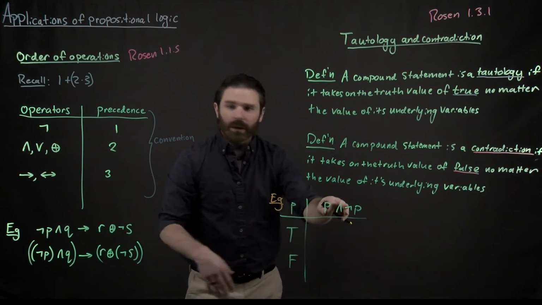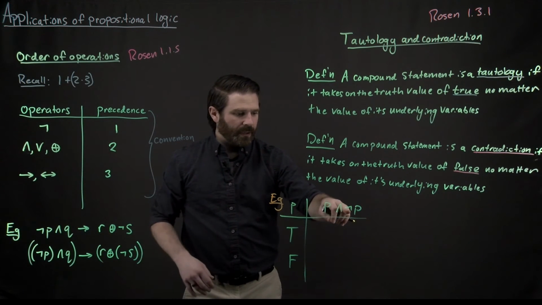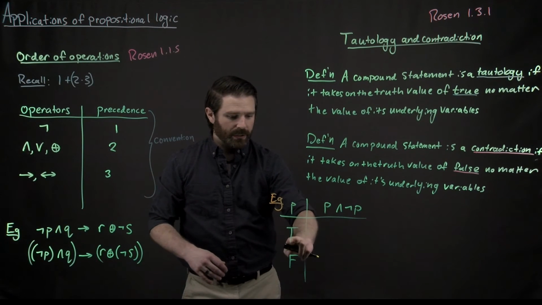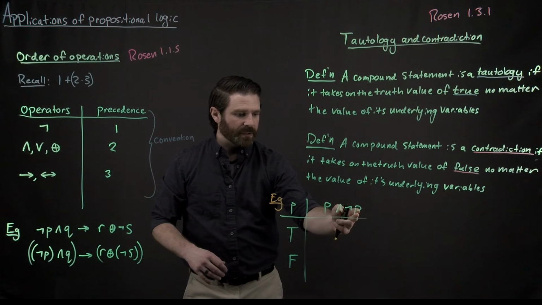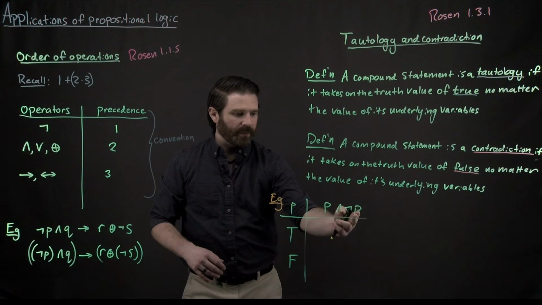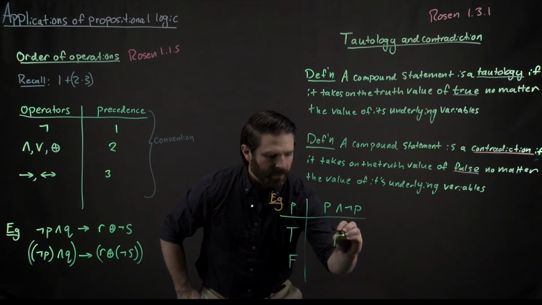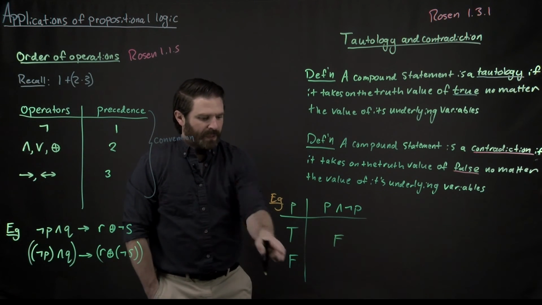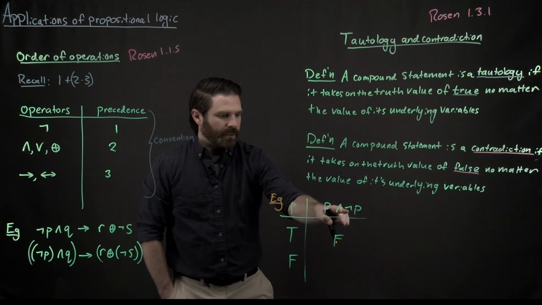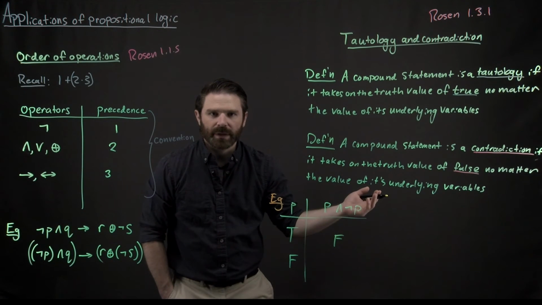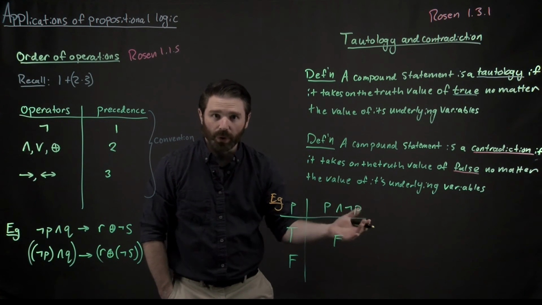And so, recalling our order of operations right here, this not is the very first thing that we apply. And so, true, we flip it, it becomes a false. Well, this then will become a false and a true. A false and a true is going to be false right here. In the second row, well, false and anything is going to be false because we know the definition of and requires them both to be true.